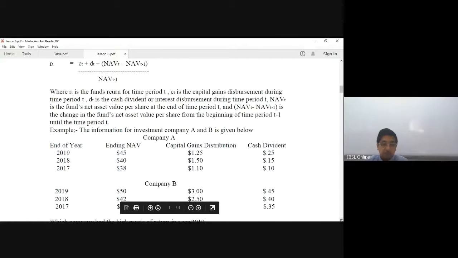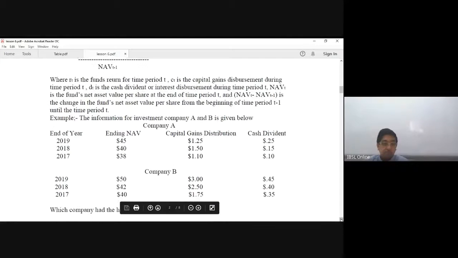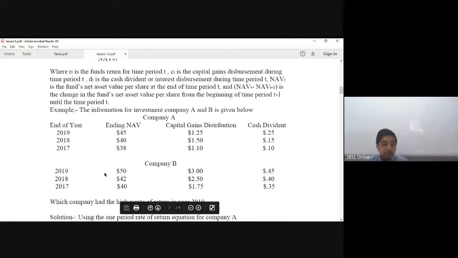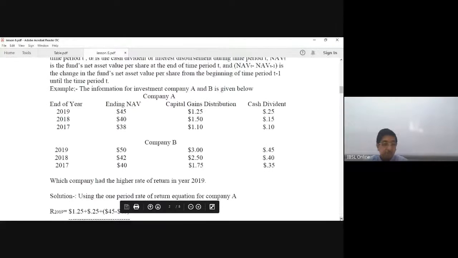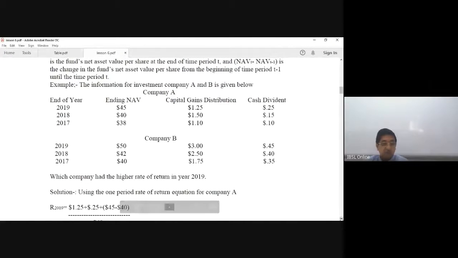If you take the other company B, that also has ending NAV as $50, capital gains as $3, and cash dividend as 45 cents. Now the question is, which company has the higher rate of return in year 2019?